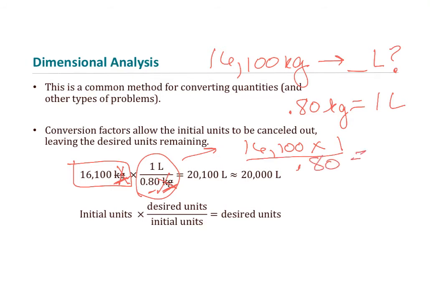And so your calculator is going to give you 20,100, but now you have to think about the number of significant figures. So the first number has 3 sig figs, right? Trailing zeros at the end of a number are not significant unless there's a decimal point, and there's not.